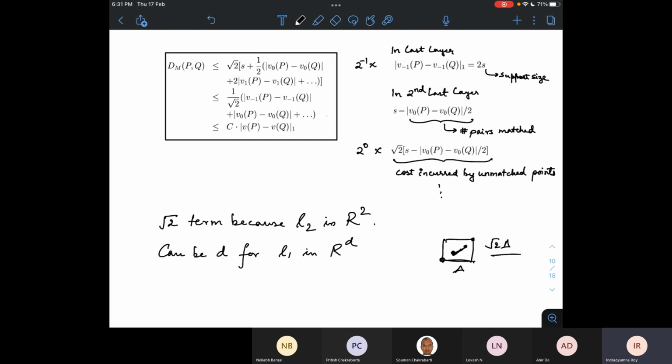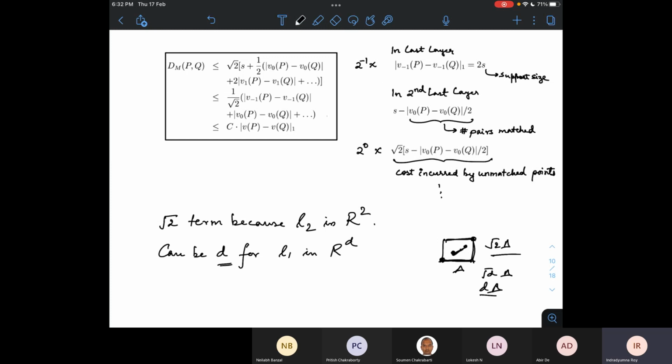So now here's the problem. Since the original quadtree paper was in 2003 and they were working on low dimensional point cloud stuff, they got away with it. They agreed that this thing was horrible in higher dimensions, because the square root term can essentially become D: the diagonal of a cube in D dimensional space under L2 distance would be square root of D times delta, and under L1 distance would be D times delta.